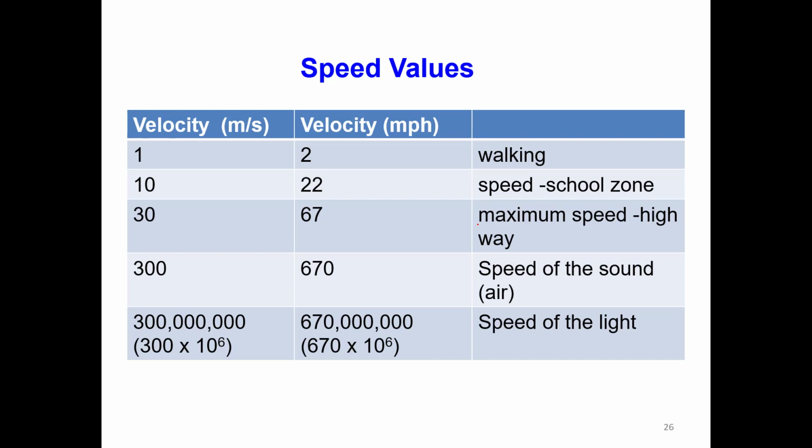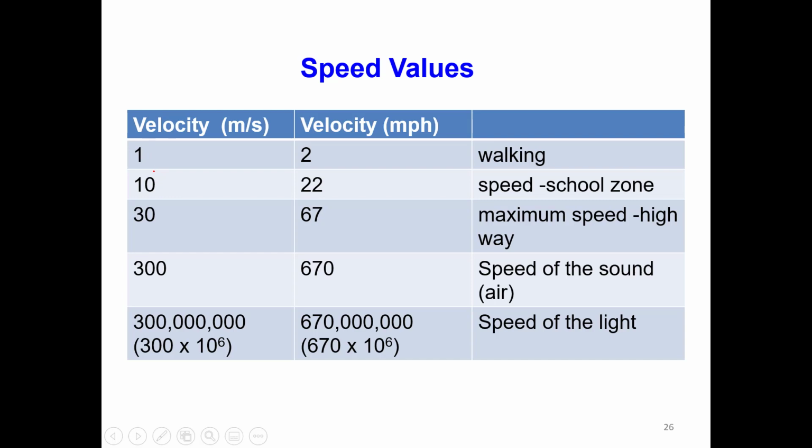The speed in a school zone is 22 miles per hour, which corresponds to 10 meters per second. Then the speed in the school zone is 10 times greater than when we are walking. This is how we can compare these two.